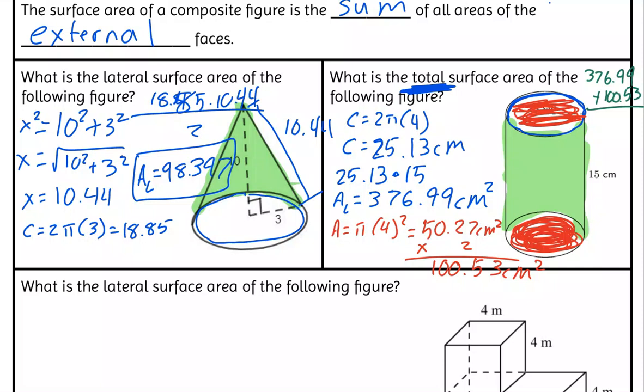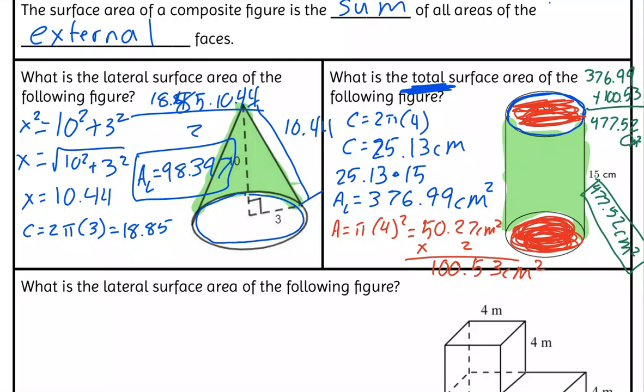So when I add those, I end up getting 477.52 centimeters squared. Okay, I'm going to write that a little bit easier for you guys to see. So 477.52 centimeters squared is the entire surface area for that cylinder.